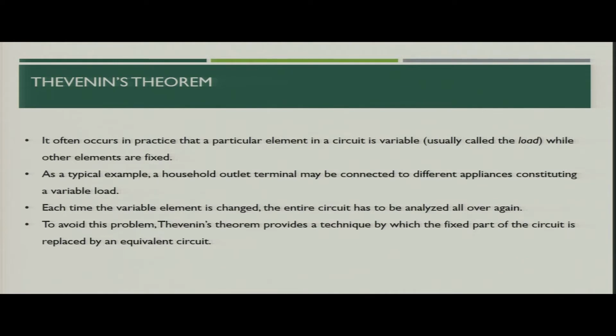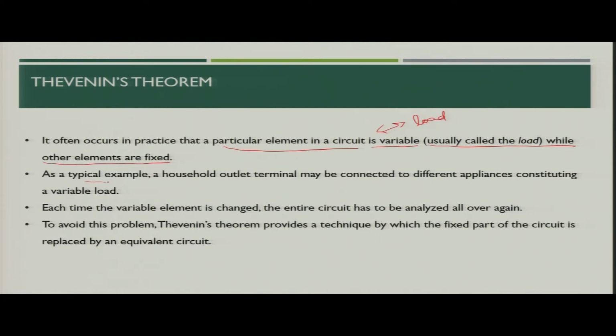This Thevenin theorem is very important from the circuit point of view. Generally, the particular element in a circuit which is variable is considered as a load, while the other elements are fixed.